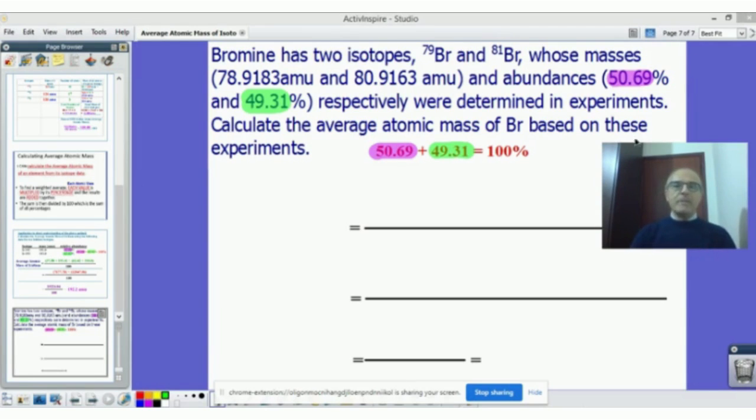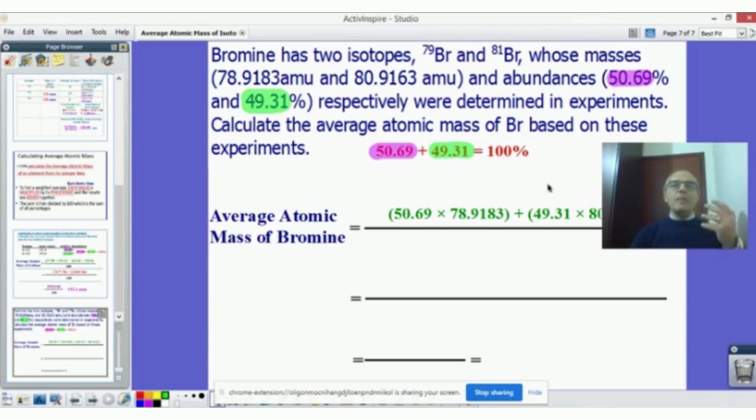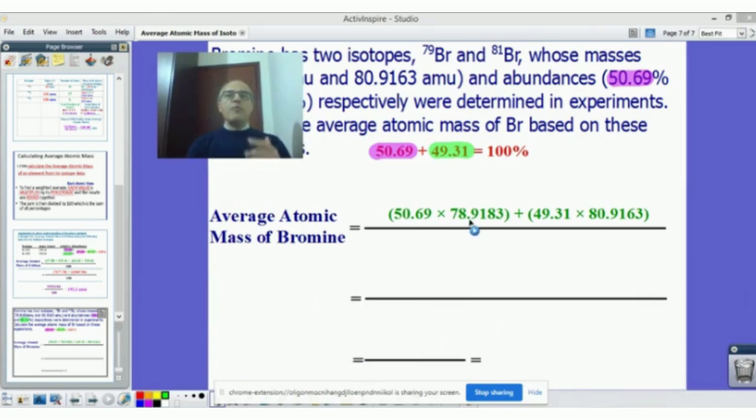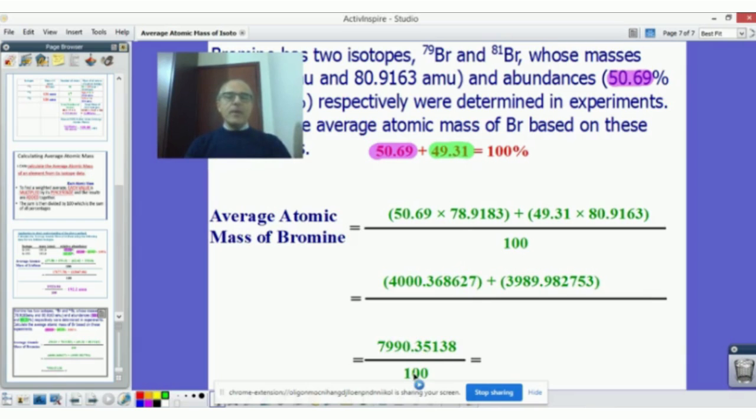After that, I will be able to start applying the formula that the students were able to construct based on the guided steps, and they will be able to determine the average atomic mass of bromine by applying the formula. If they follow what they learned by themselves, the average atomic mass of bromine is 79.90 AMU.